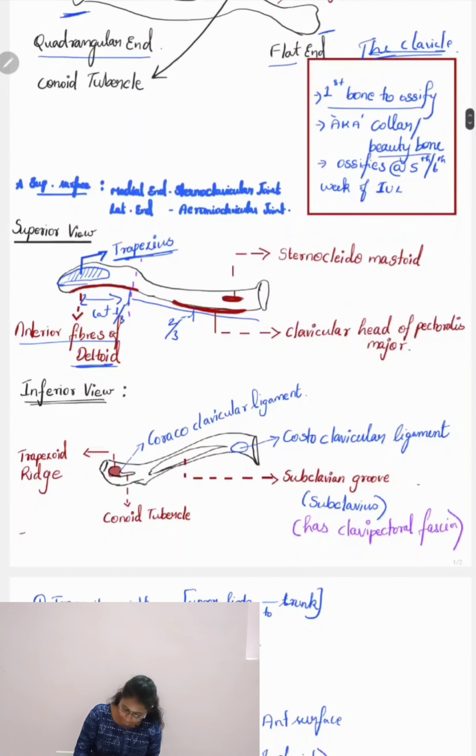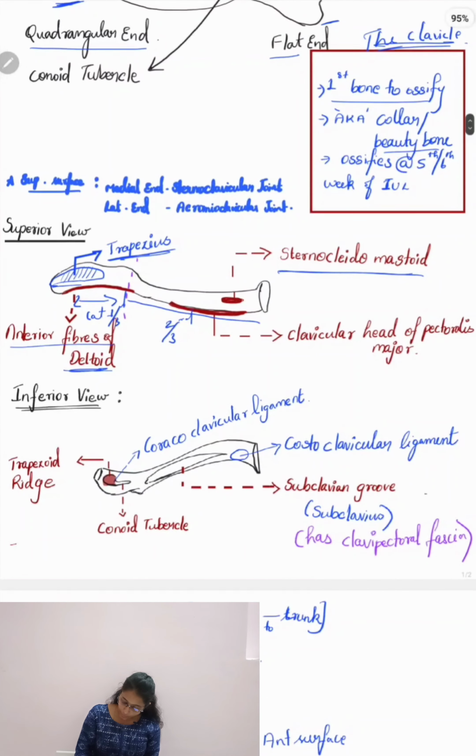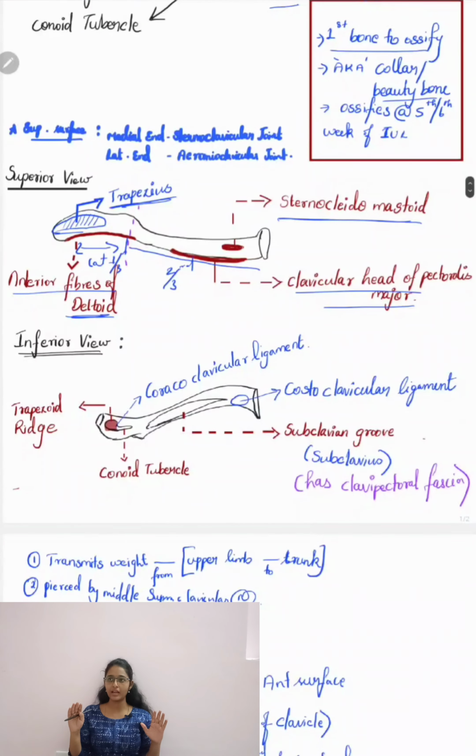Sternocleidomastoid muscle is towards the medial part, and the medial 2/3 area is covered by the clavicular head of the pectoralis major. This is about the superior view.